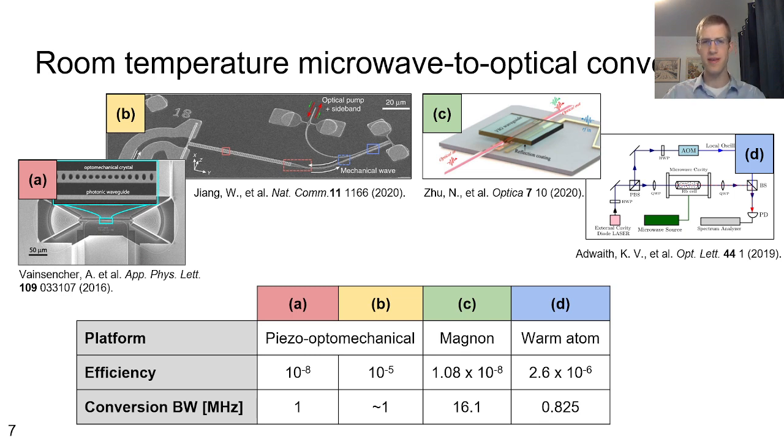Now, room temperature, because if you can work at room temperature, you don't have cryogens or laser cooling, your technical complexity goes way down, and it's a lot easier to work with. A lot of different groups have approached this problem through optomechanical systems, optomagnetic systems, and this one uses warm atoms. This technique was pioneered by the group of Professor Andal Narayanan in India, and it's this that we are extending upon in this research.